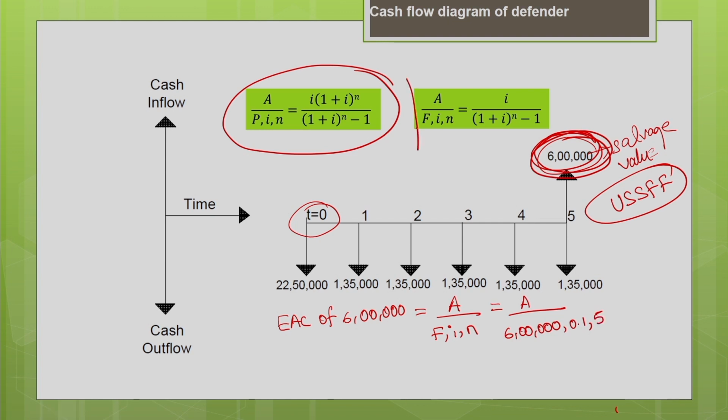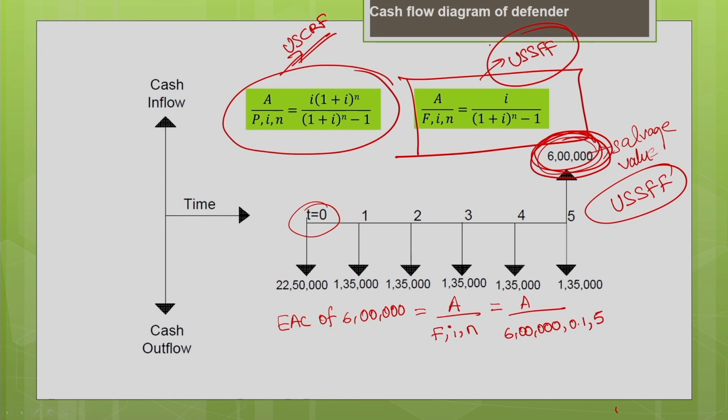Okay. You are going to use this formula. This is nothing but your uniform series sinking fund factor. Okay. So, using this you are going to calculate. This is uniform series capital recovery factor. Hope you remember. So, now we are going to use this uniform series sinking fund factor to find the equivalent annual cost. It is nothing but I divided by (1 plus I) power n minus 1.